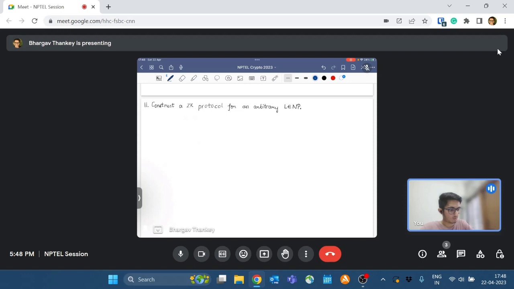Okay, so what we'll do is we'll use the Cook-Levin theorem. Recall that the Cook-Levin theorem states that 3SAT is NP complete, right? That is, it gives us a reduction from every language in NP to 3SAT. But we also know that 3-colorable is NP complete. So there is a reduction from 3SAT to 3-colorable.